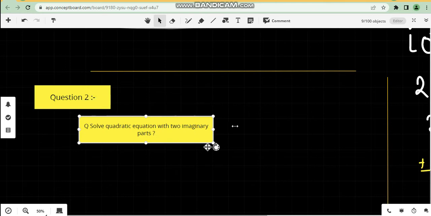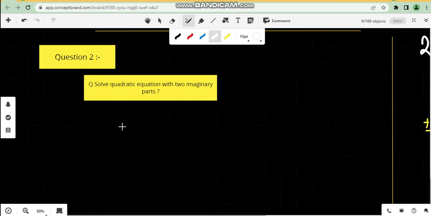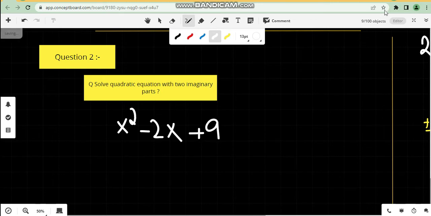And the equation is x square minus 2x plus 9. x square minus 2x plus 9.